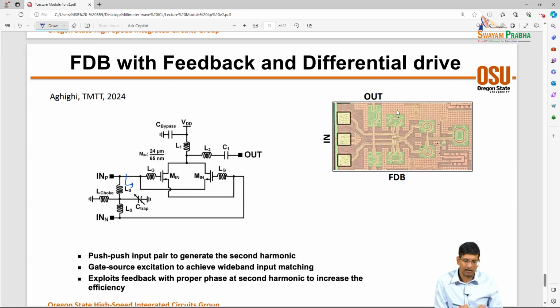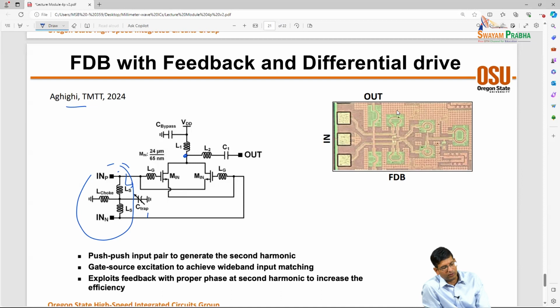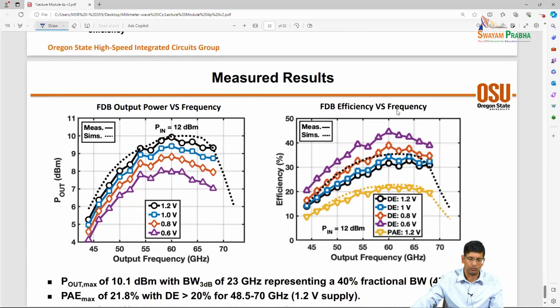And then with the same push-pull architecture, you can reject the 2f0. And then in this paper, we showed that by looking at this network, the way it looks different at f0 and 2f0, we can configure using these passives to further increase conversion gain from f0 to 2f0.